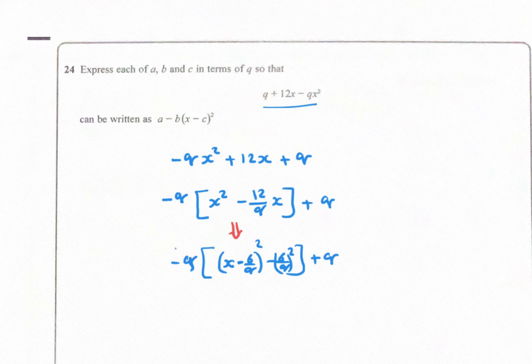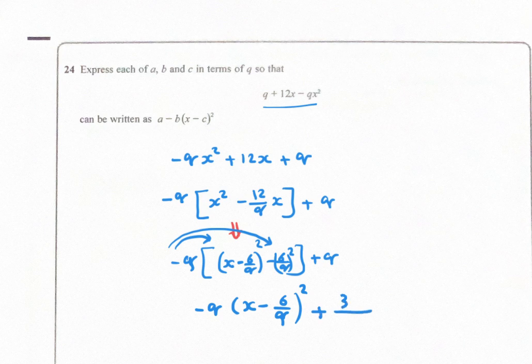Now expand negative q times the bracket, so negative q into x minus 6 over q all squared, and negative q times negative 6 over q squared. Negative times negative will be positive, q times 6 squared, so 36 q over q squared, plus q.